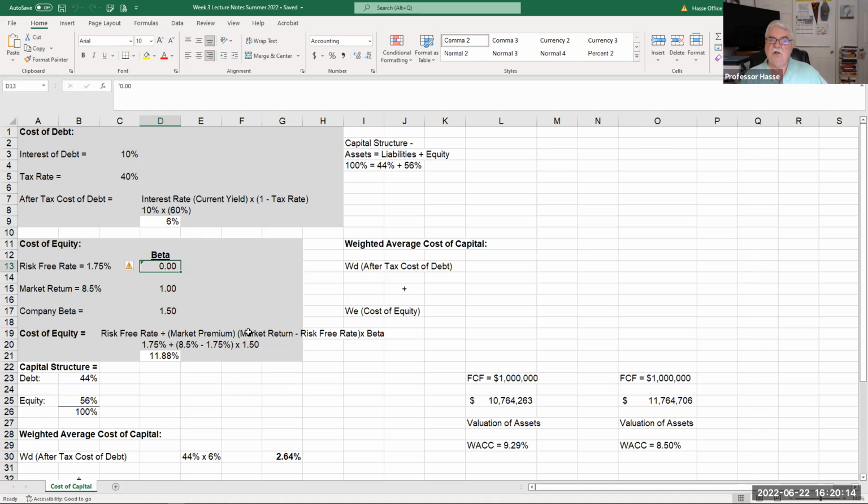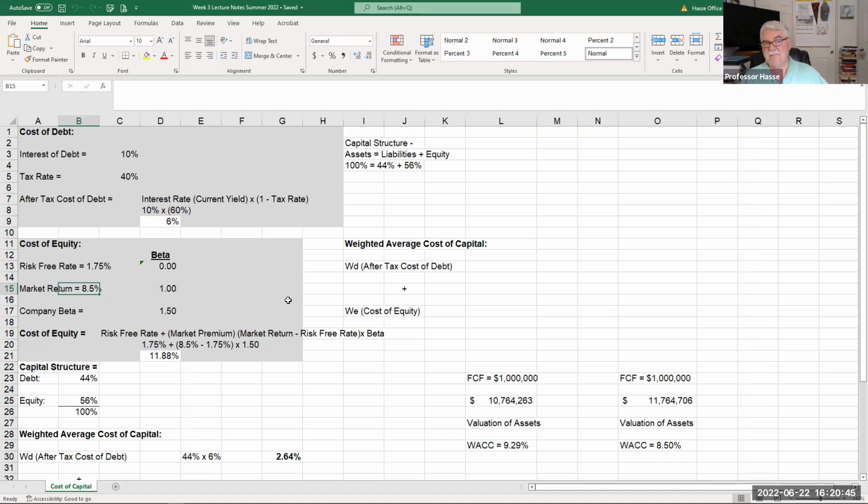Then you have what is called market average risk with a beta of 1.0. That's average risk, and that's usually the return in the S&P 500, or market return. In this example, it's 8.5%. Look at the difference in the returns from zero beta, no risk, 1.75, and average risk, beta of 1, 8.5.